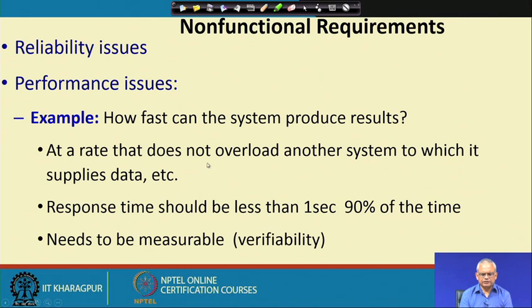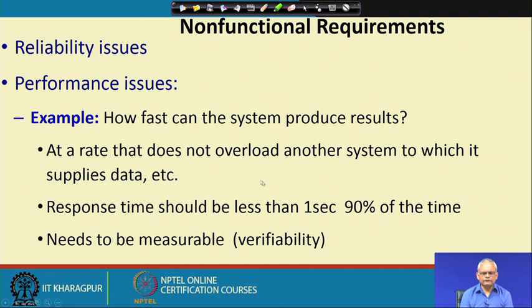We can say that the response time should be less than 1 second 90% of the time, or we may say that it should not produce results too fast, such that the other systems that work with it are not overloaded.